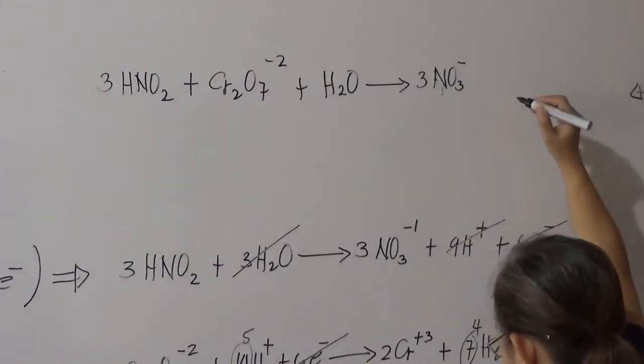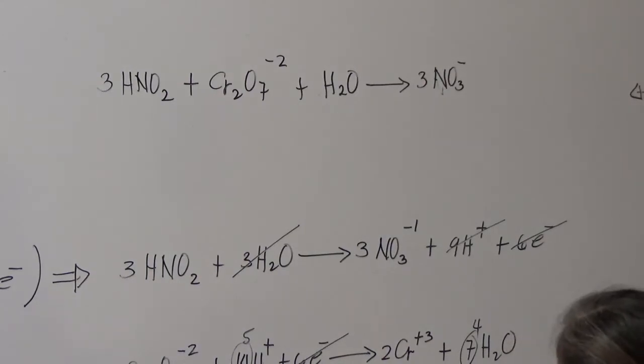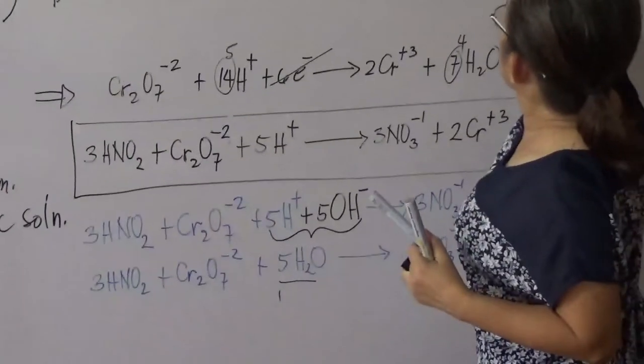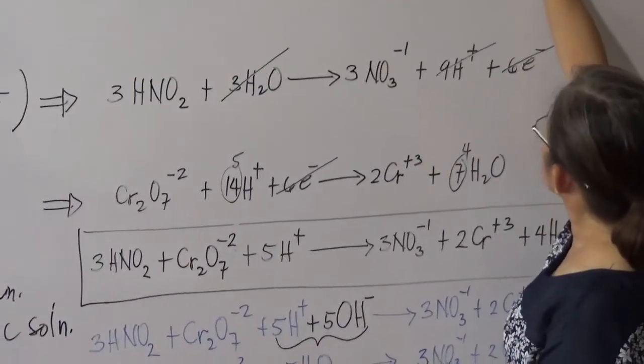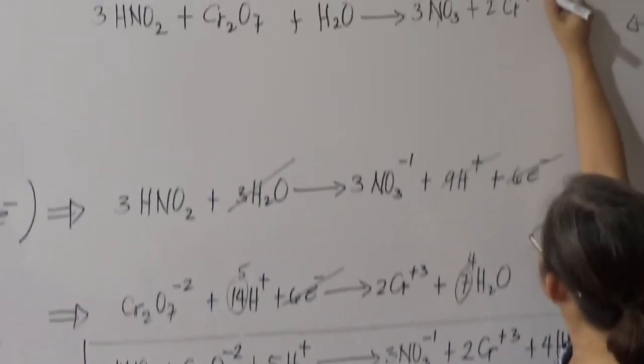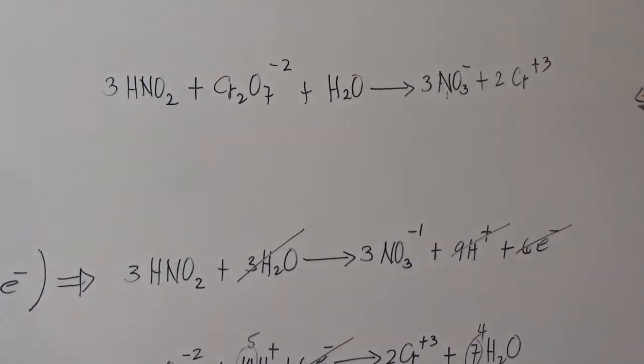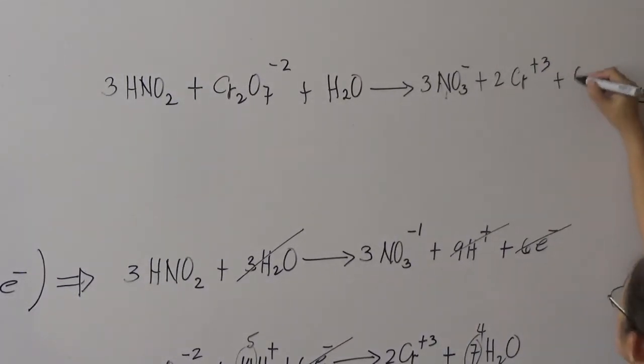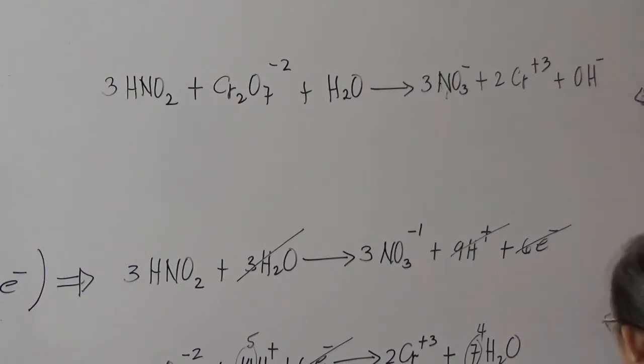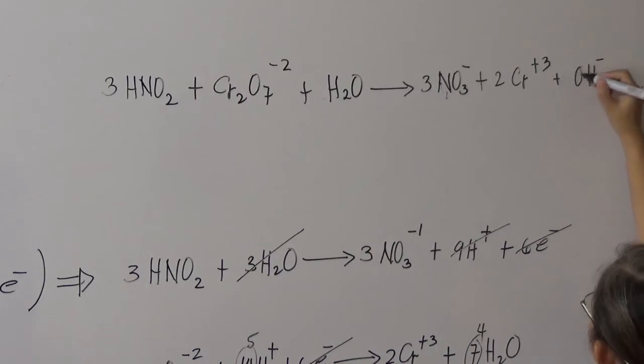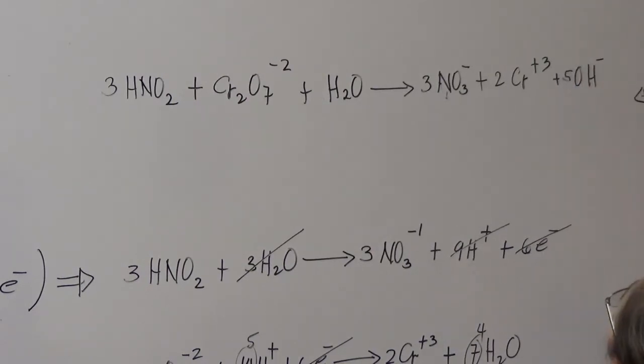and 3 moles of nitrate. Sorry for this one, class. There is no H. Plus 2 chromium plus 3. So there will be no more water, plus OH. How many OH? 5. Plus 5 OH.